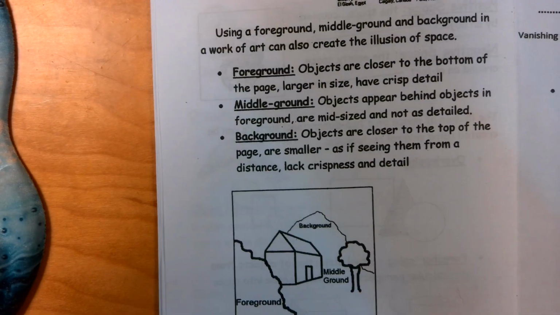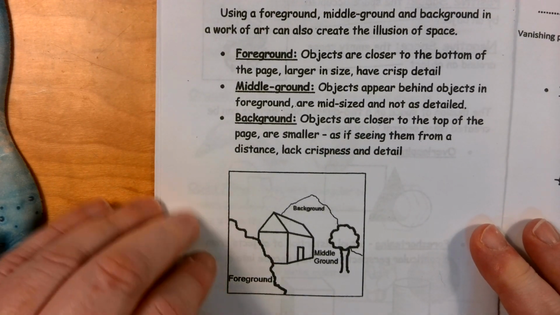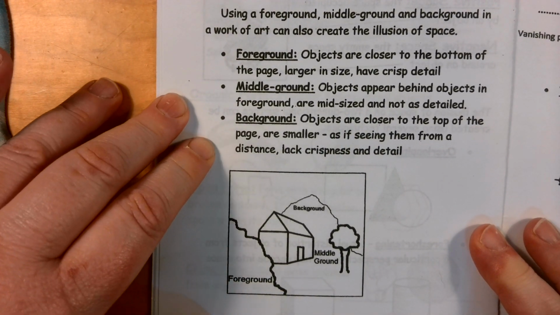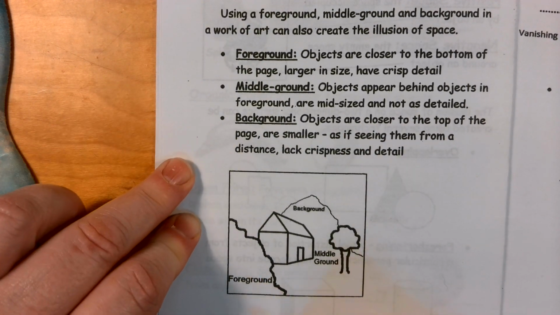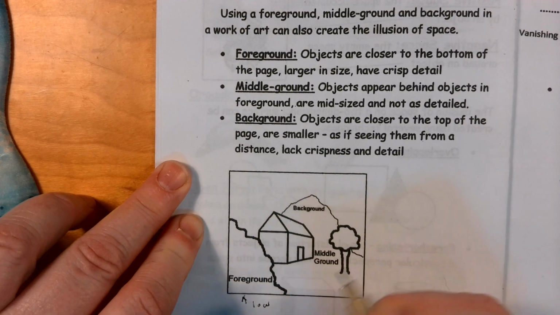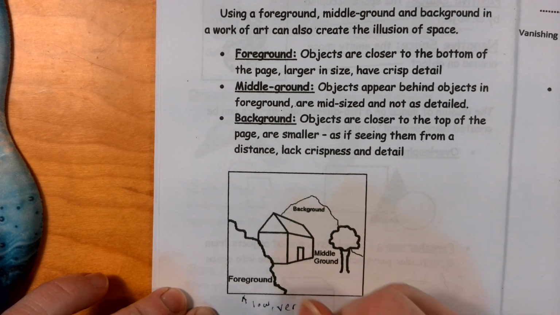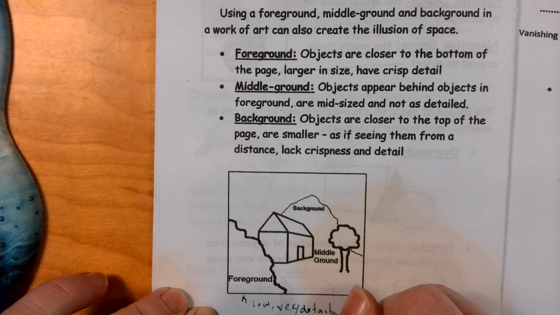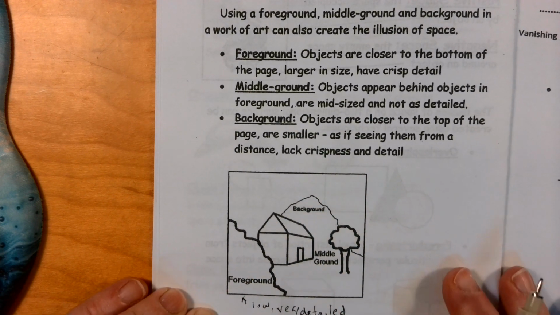Okay. Another technique used, and we really focus on this when we're drawing landscapes, are foreground, middle ground, background. So foreground are the objects that are closest to us. So they are low, they are very detailed. So we might even see the veins on the leaves and plants that are sitting here.